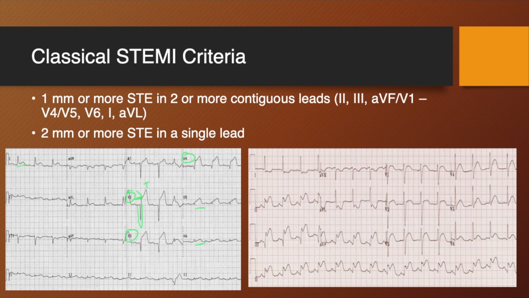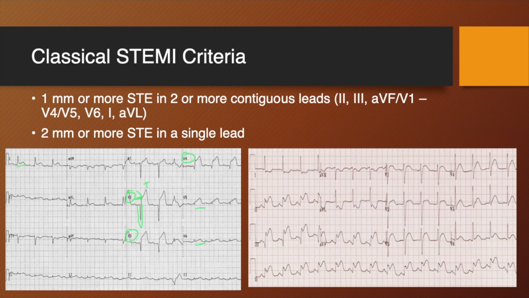So really it's an anteroseptal STEMI with lateral wall extension. So this, again, is a pretty bad problem. This suggests occlusion of the left anterior descending artery, or even in this case, because the lateral wall is taking a hit, this may even be very proximal. This may be a proximal left coronary artery occlusion here.